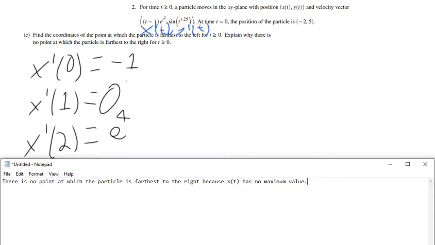And I think that would be an okay explanation for this. Perhaps you should put something on here about how at the only critical value t equals 1, you could say that the slope changes from negative to positive, therefore x of 1 is a minimum.